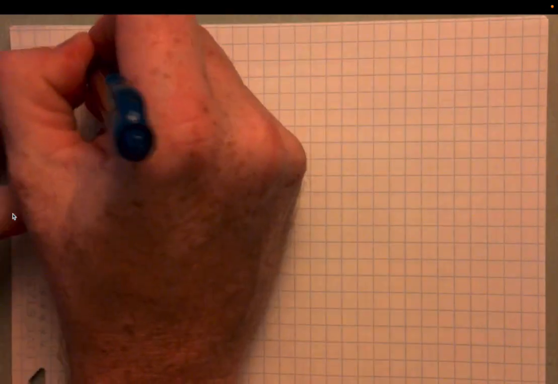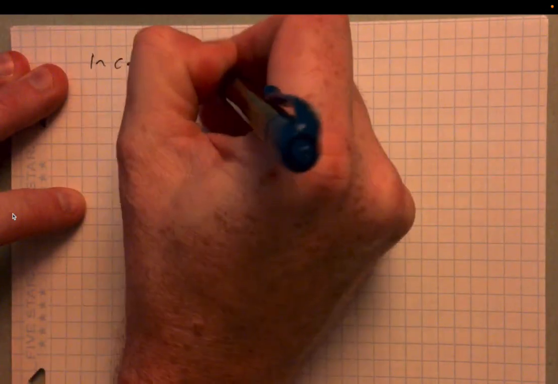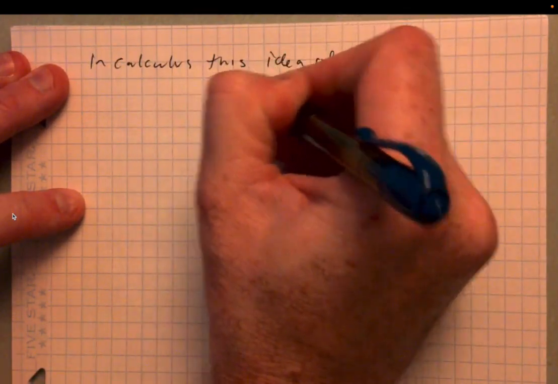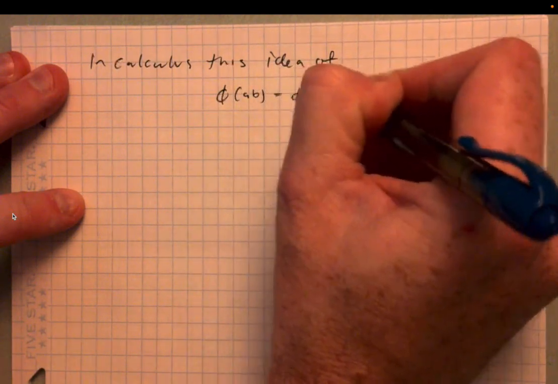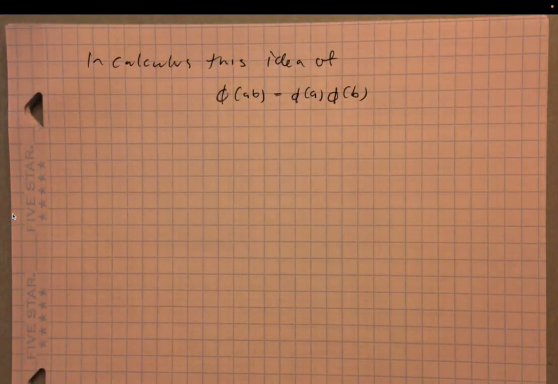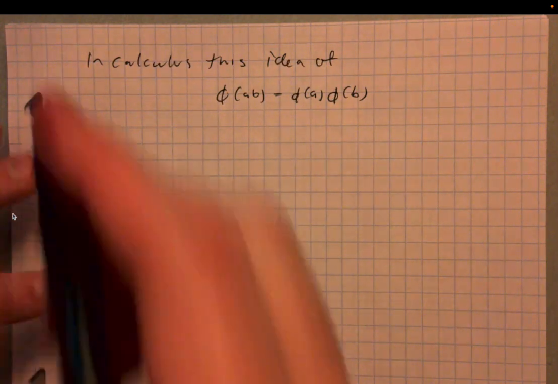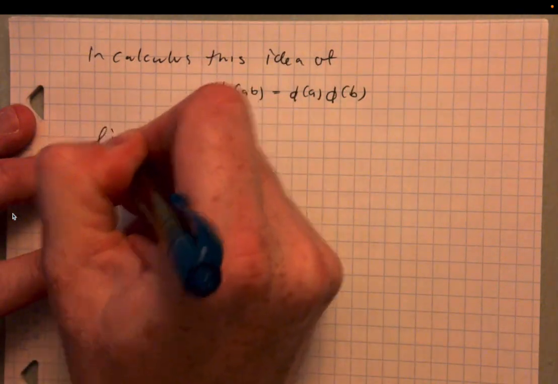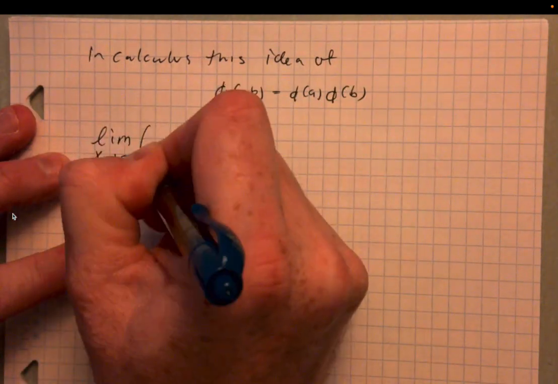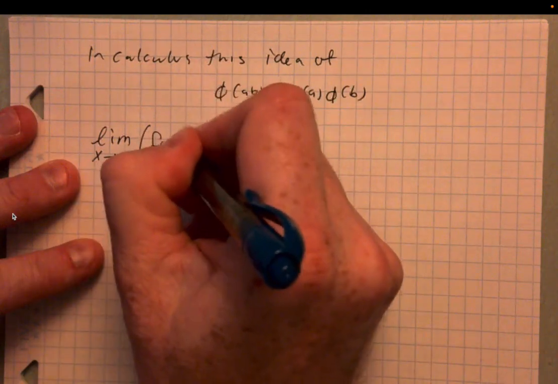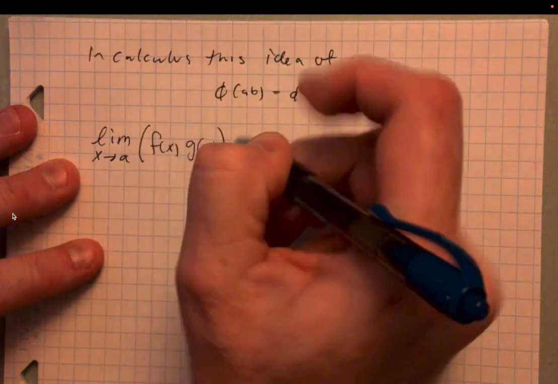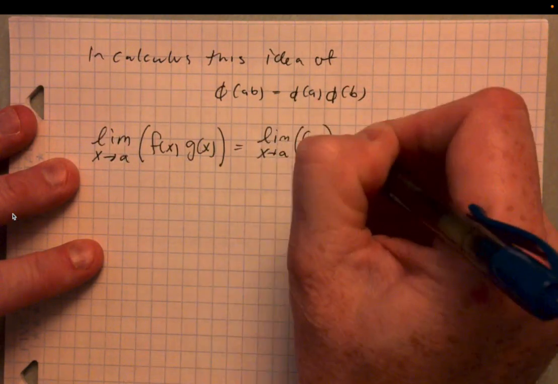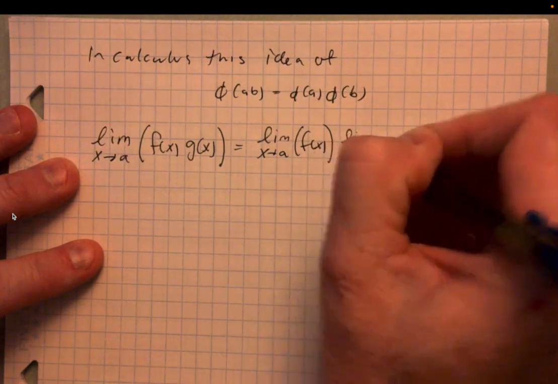So in calculus, this idea of phi of AB equals phi of A, phi of B will have come up as well. For example, when you discuss limits early on in calculus, you'll see things like the limit as x approaches A of f of x times g of x is equal to the limit as x approaches A of f of x times the limit as x approaches A of g of x.